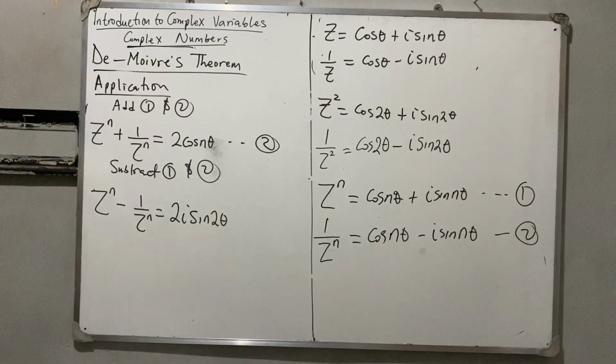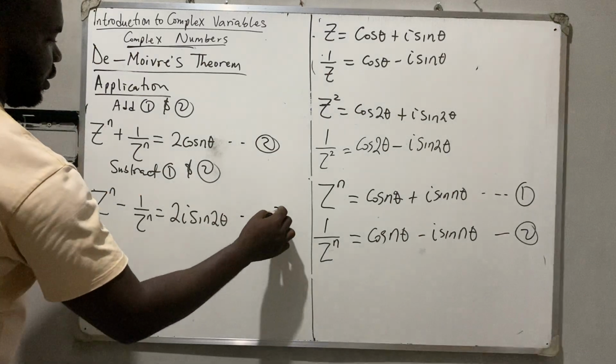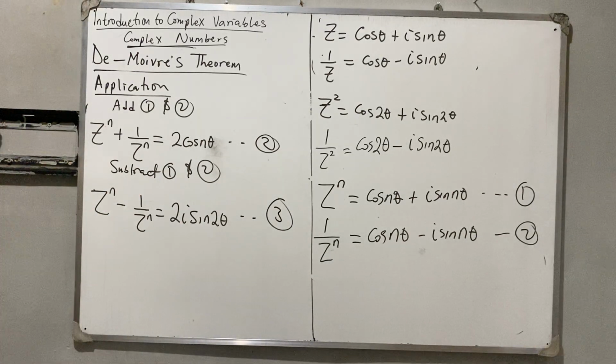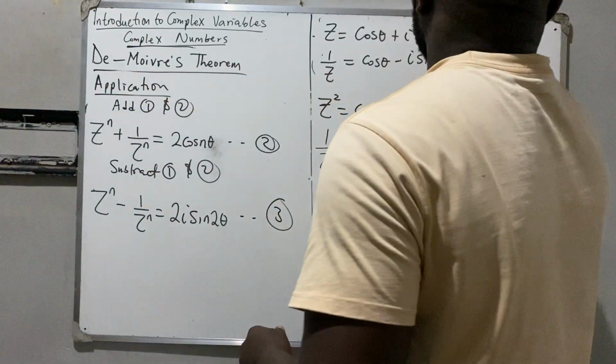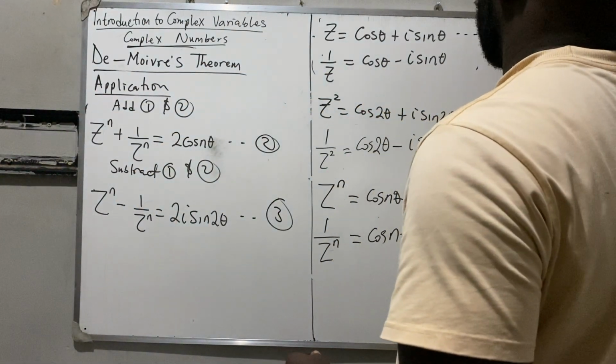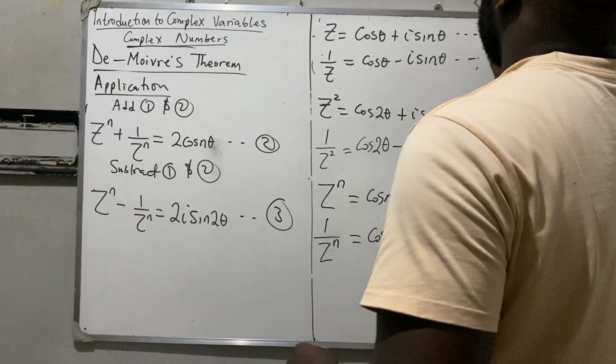So these are the two. Let's call this equation 3. Very important. And let's call this one equation star, and then equation star star.